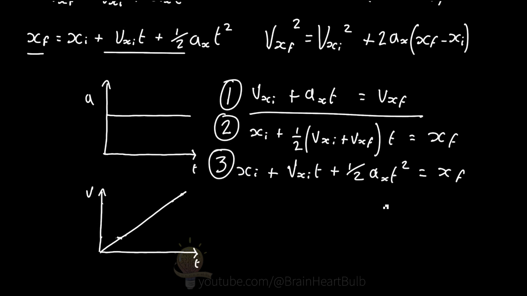For the last equation, we're going to rearrange equation 1 to make t the subject and then insert it into equation 2 here. So subtract both sides by the initial velocity and divide both sides by the constant acceleration.